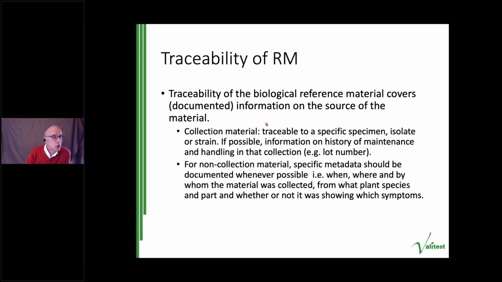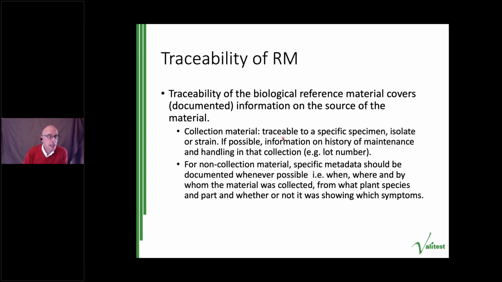Reference materials should also be traceable, right? And with that, we mean that there should be documented information on the exact source of the material. And again, you have two categories there. You have collection material, so it either comes from a working collection, a culture, or a reference collection.